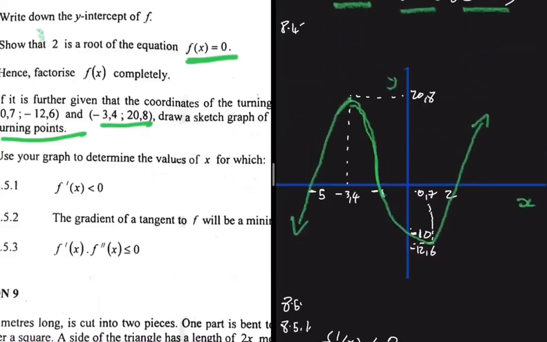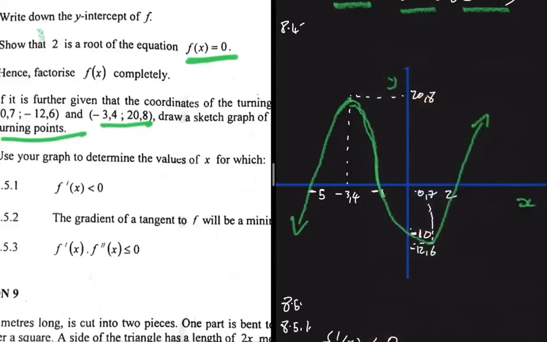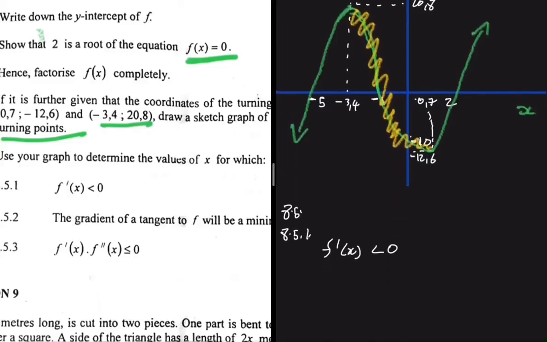So we can see that it is sloping down in between our turning points. Let me just use a different color. So right here, this is where our graph is sloping down. So f prime of x is less than 0 in that interval.